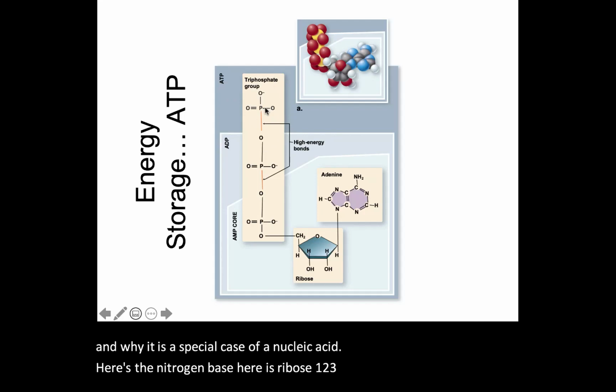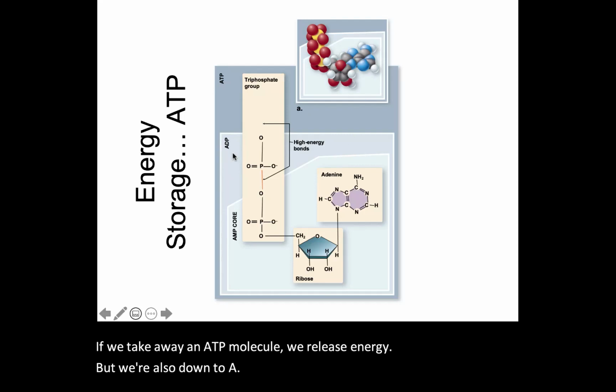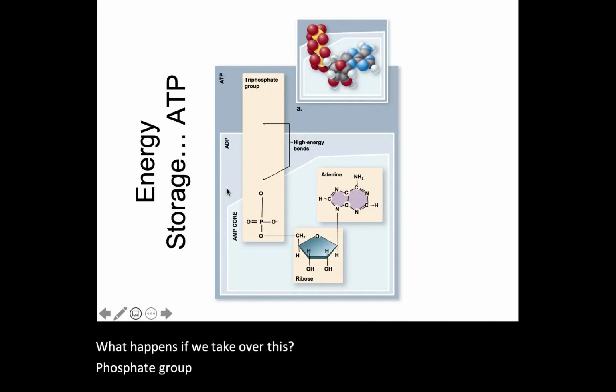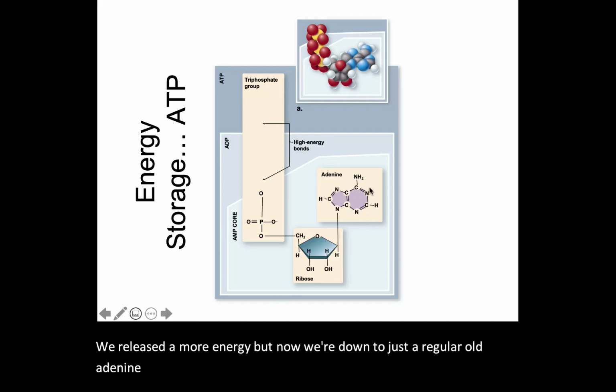But what happens if we take away a phosphate from ATP? We release energy, but we're down to ADP. What happens if we take away this phosphate group? We released more energy, but now we're down to just a regular old adenine nucleotide, with the nitrogen base, the sugar, and the phosphate group.